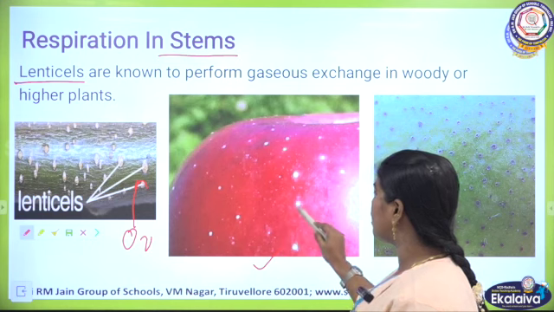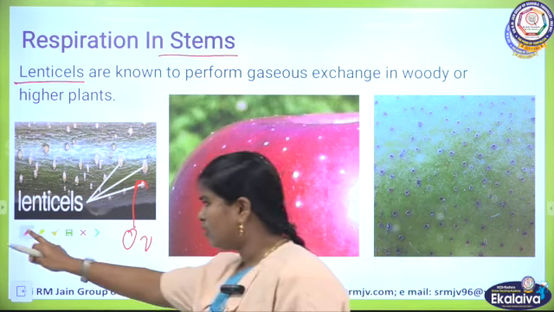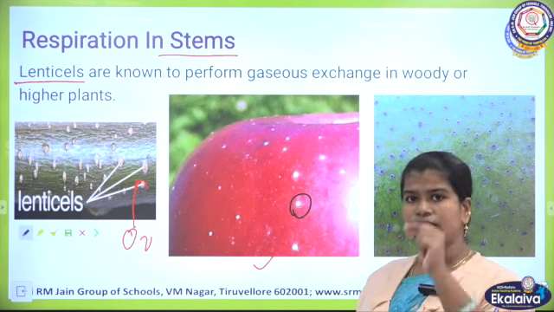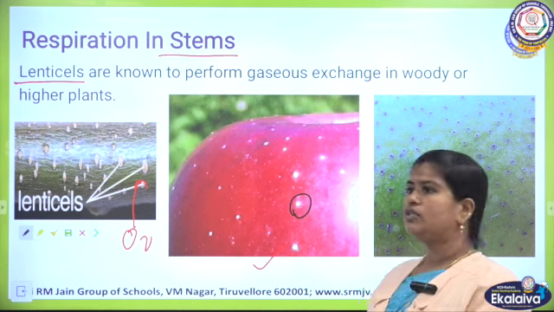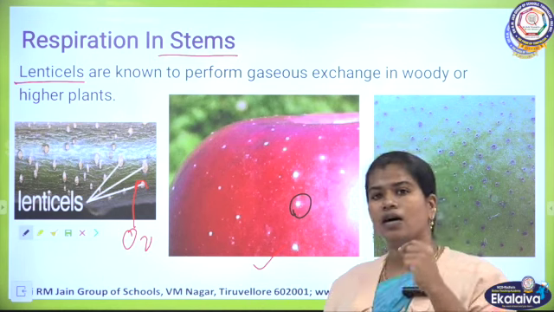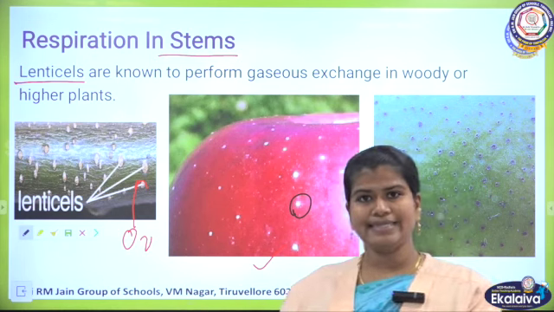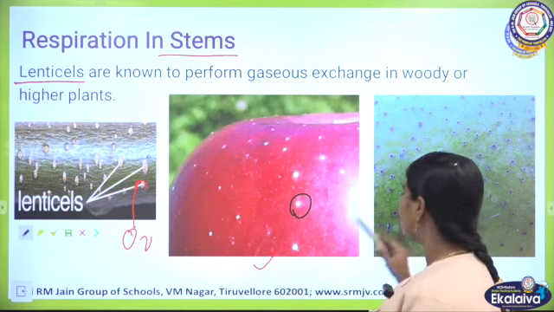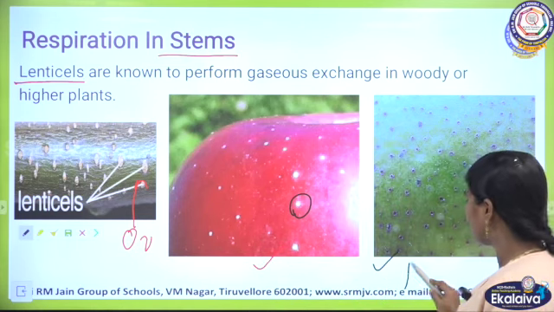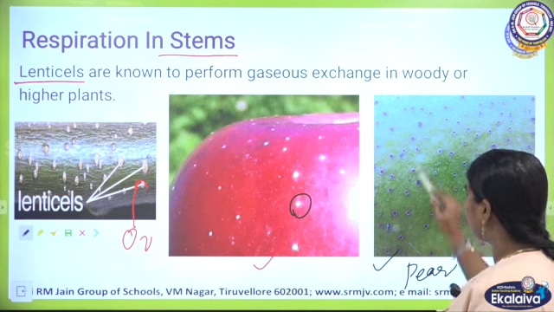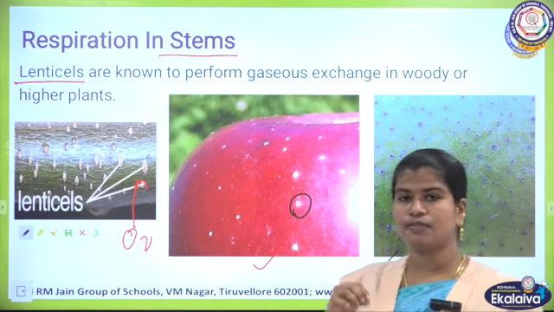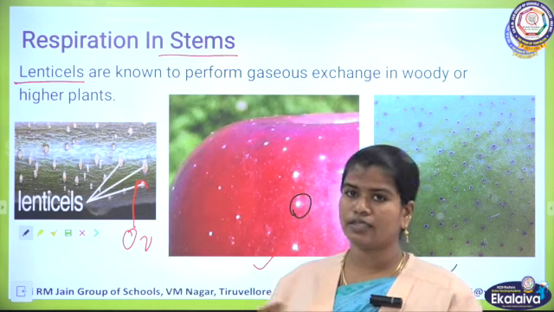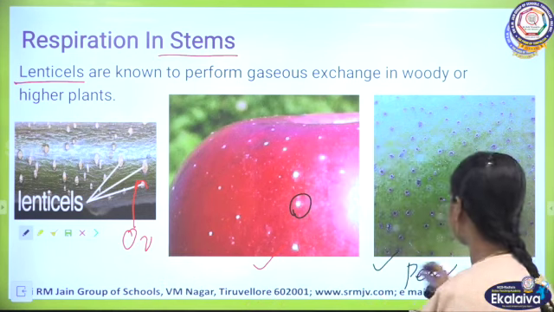You can also see pores on the surface of apples. You may have seen small white dots; those are the lenticels where gaseous exchange takes place. Even on the surface of the pear fruit, you can see small holes. They are the lenticels where gaseous exchange takes place.